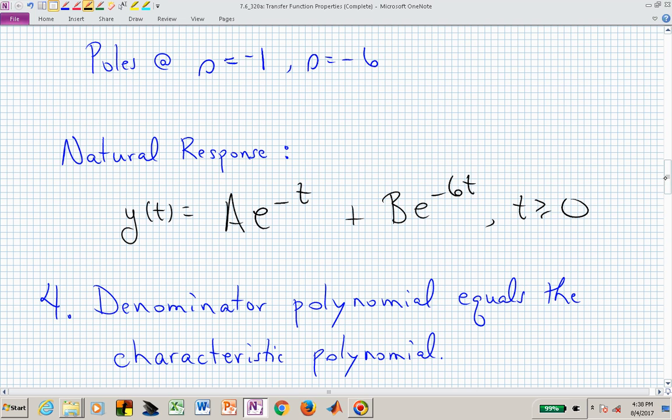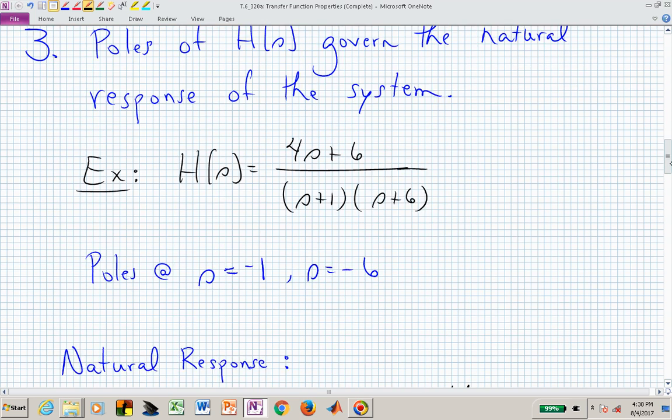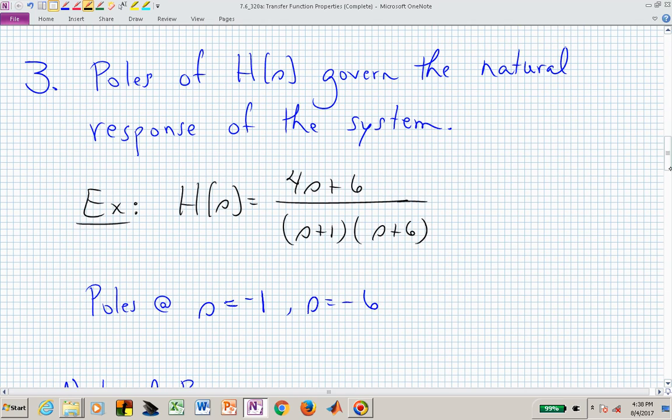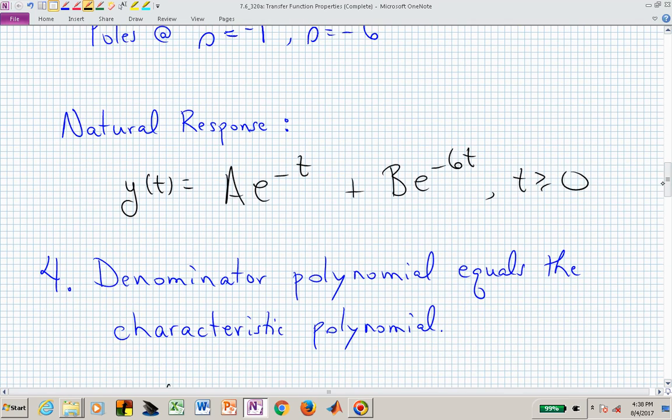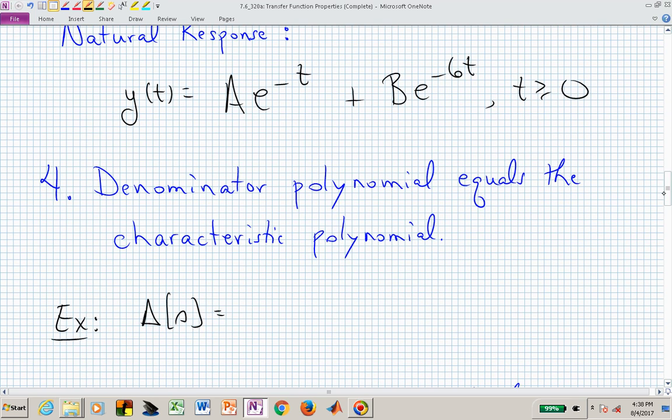The denominator is a pretty special polynomial. It influences the poles. It also is equal to the characteristic polynomial, which gives rise to these natural modes and natural response of the system.